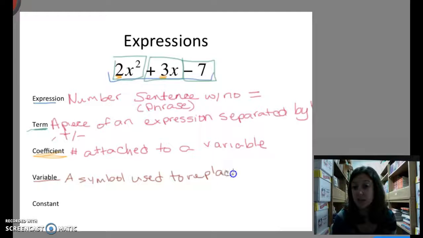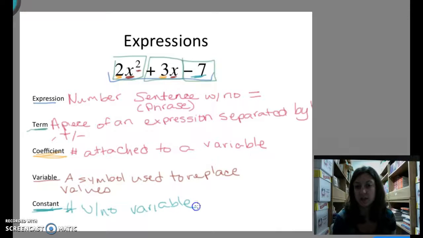So it might not be a specific value, it could be, or it could be values in general, used to replace values. So we've got our x squared and our x. And then -7 is our constant. So this is a constant. A constant is a number with no variable.